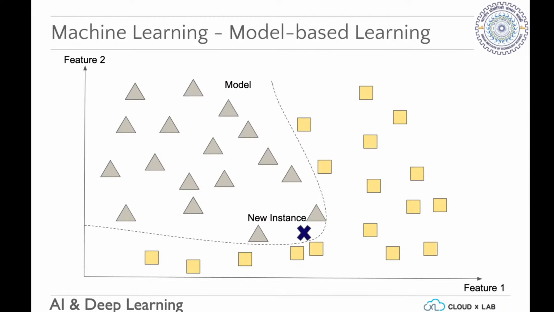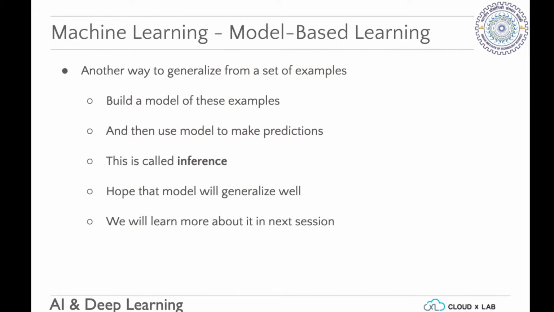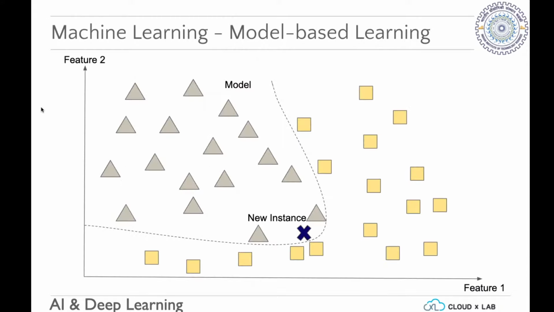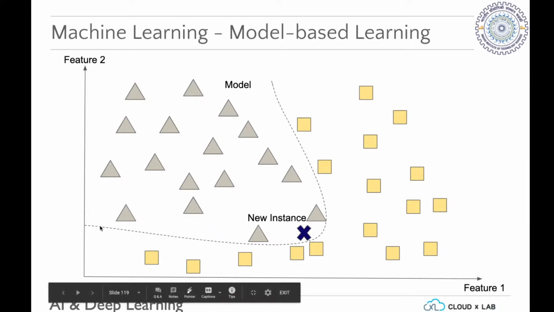Whereas in model-based learning, importantly, we take the data and we build a model of these examples. In instance-based learning, you're not building a model, but here you're building a model, and then you're using the model to make predictions. An example of the model could be a border. It figures out a border, and says, I'm going to check if this new instance lies within the border or outside the border.